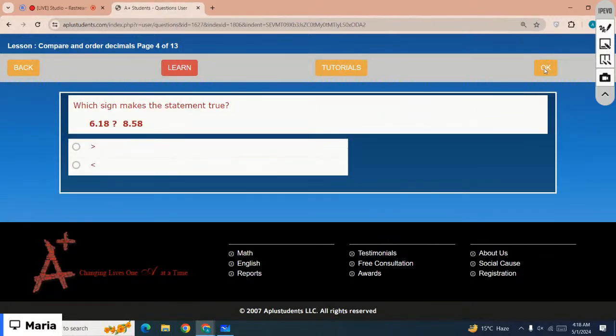Which sign makes the statement true? 6.18 and 8.58. Which is the correct option?